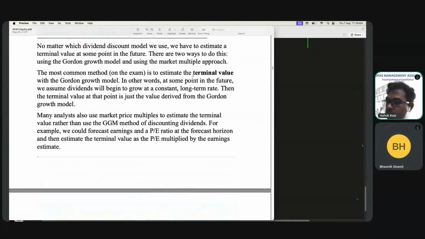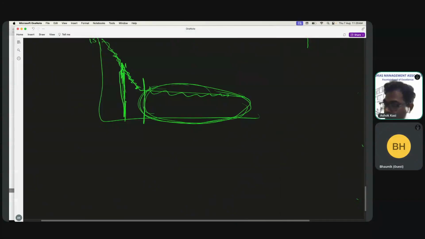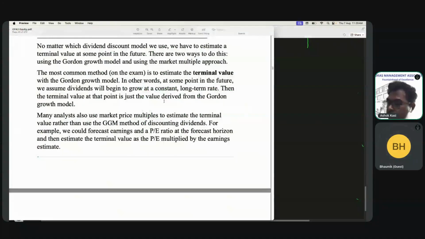Terminal value means this part, from where it will start growing constantly. At some point in the future, we assume dividends will grow at a constant rate. That is called terminal value.